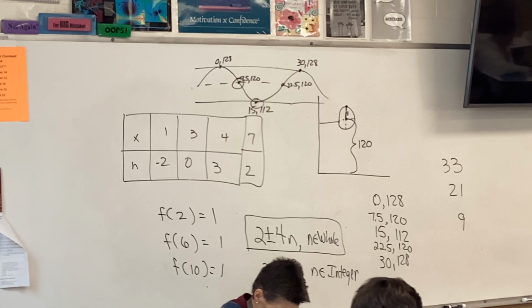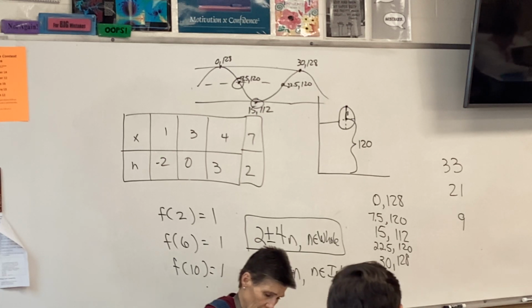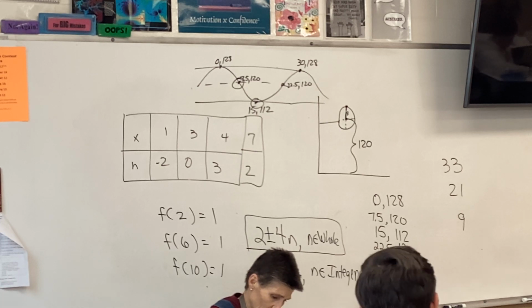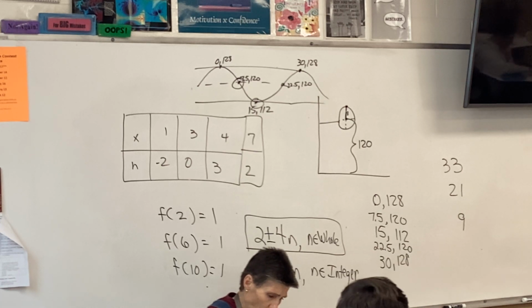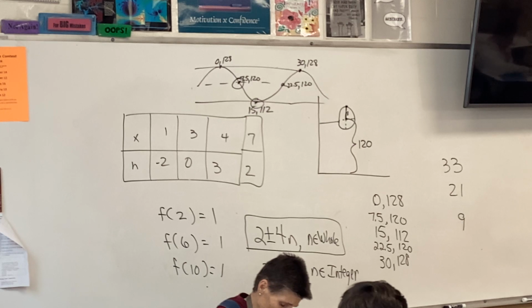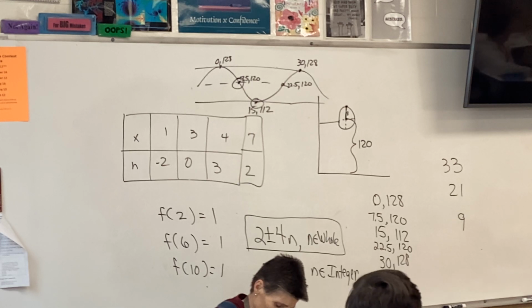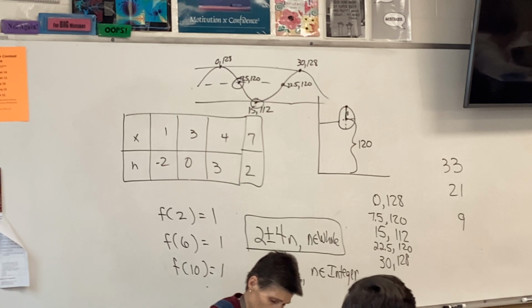Because this is going to be 2, so I would add 2, which would be negative 3 pi, and then 2 again, which would be negative 3 pi, and then on here, negative pi is 0. I'm just confused because I got 0 for the last one too.